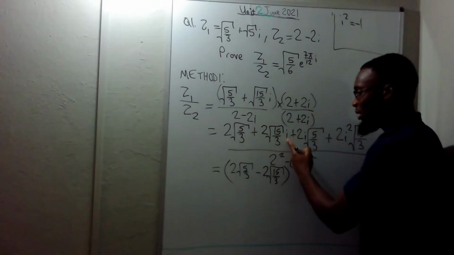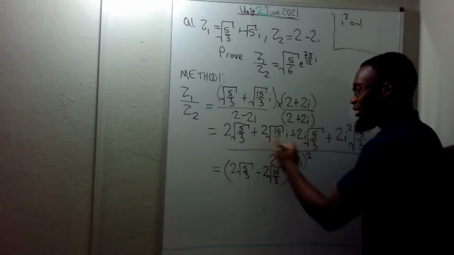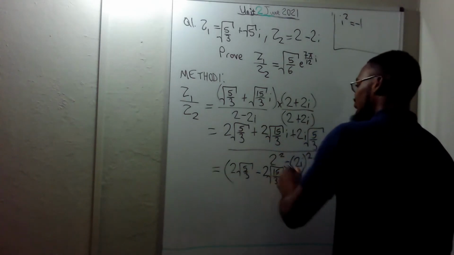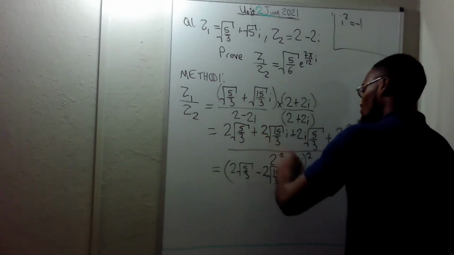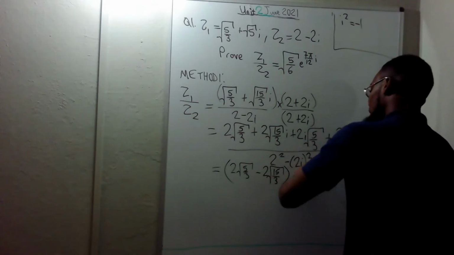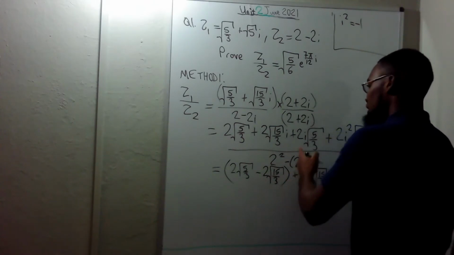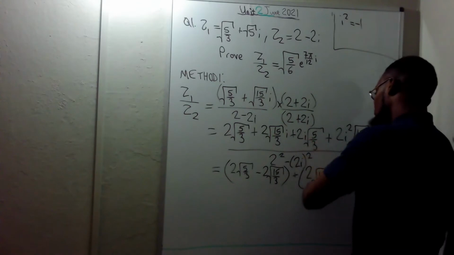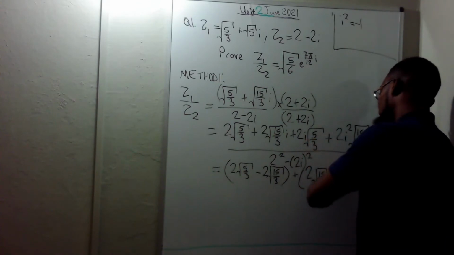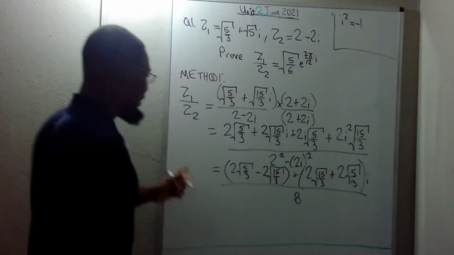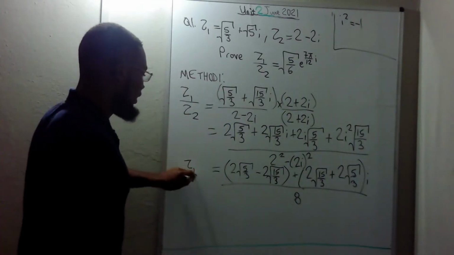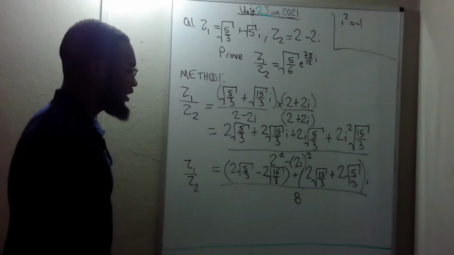Then the imaginary part, with the i, is plus, in brackets, 2 root 15 over 3 plus 2 root 5 over 3, multiplied by i, all over 8. That is what z1 over z2 works out to be.